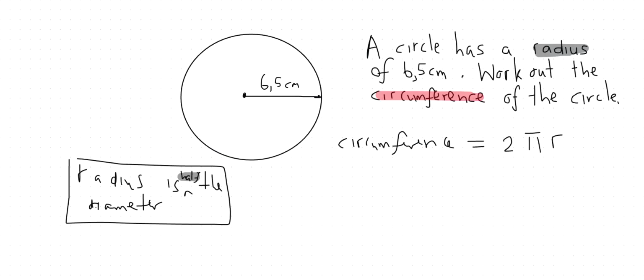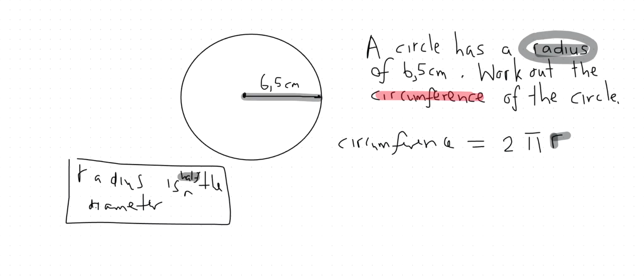Whereby this r is our radius. And you can see here that the 6.5 is the radius.